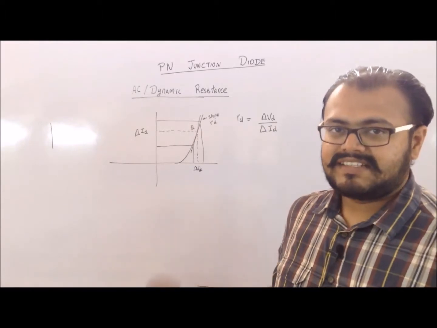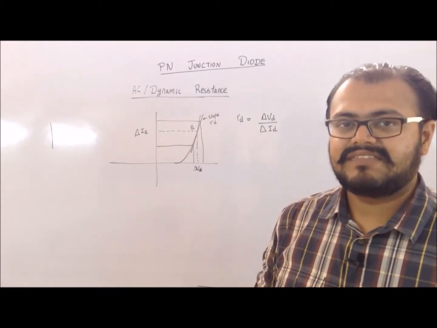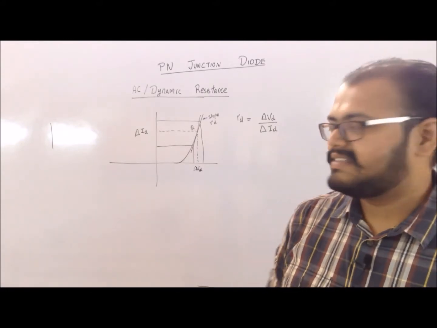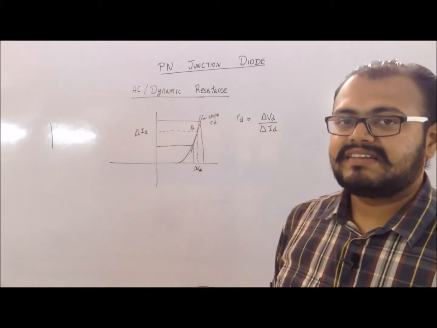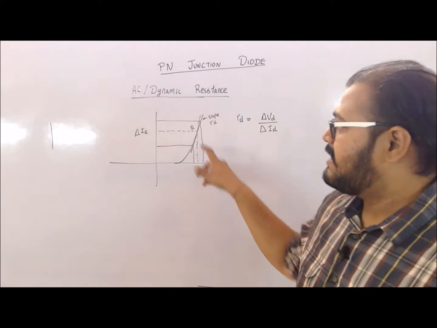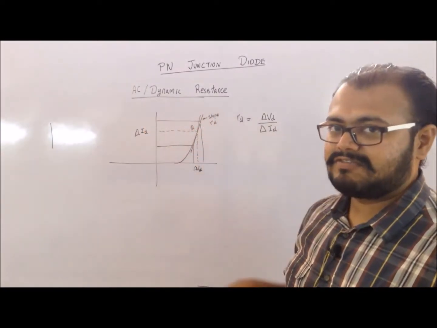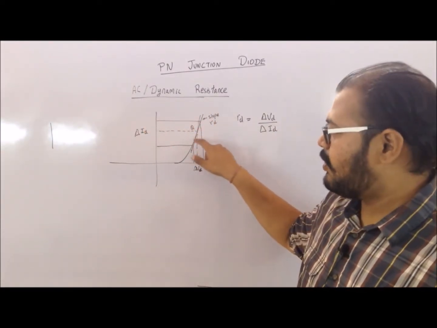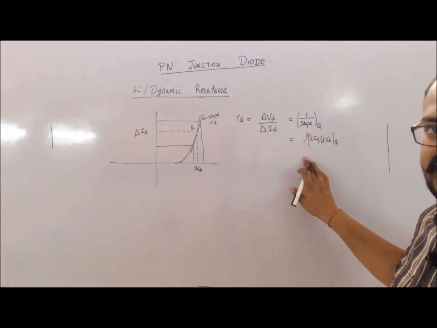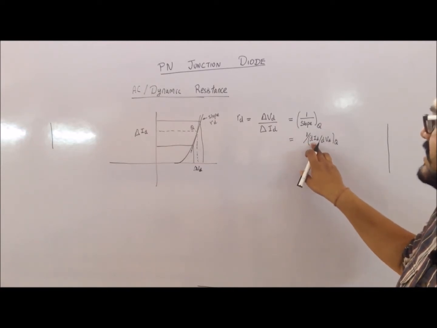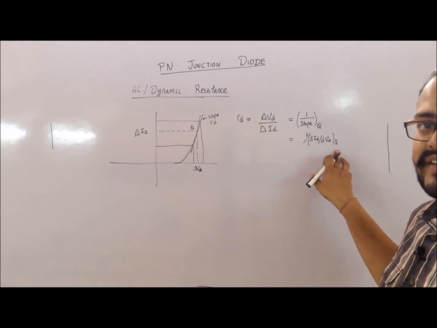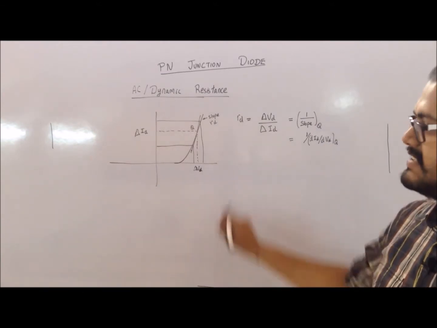While defining this resistance, I said that the applied AC voltage should have a small magnitude, meaning the change should be small. Because of this assumption, the AC dynamic resistance is defined as the slope of the characteristics at the point Q. Mathematically, it can be written as 1 by the derivative of the current with respect to voltage at the point Q, which gives the slope of the tangent at point Q.